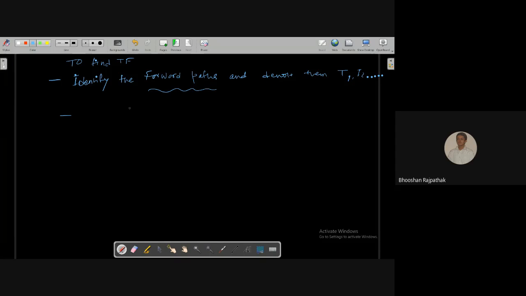Then identify the loops and denote them L1, L2, and so on.